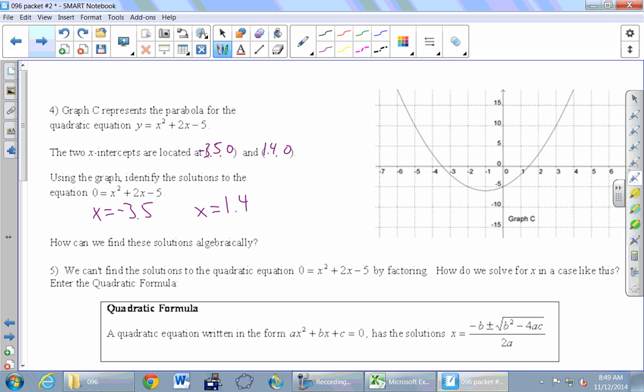Okay, so let's see if we can do the same technique we used on the previous page, just at the bottom there. So what I'd really like to do, if I want to solve algebraically, is I'd really like to be able to take this guy and do what to the right-hand side? It's factor, right? It would be lovely if we could just factor this, and then it's the same technique we used before.